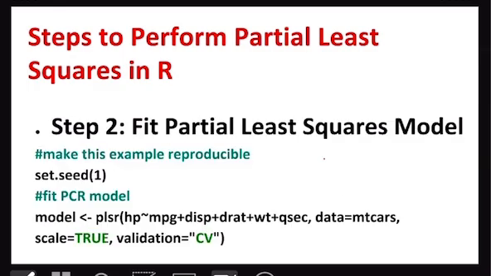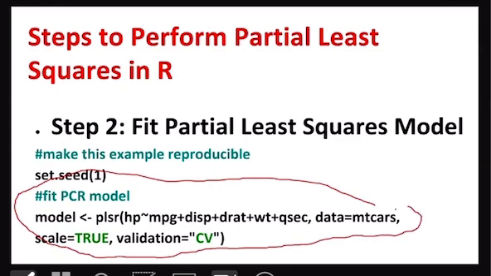After loading, I need you to pay attention to this. What is this? Do you see that? The other time, it was PCR. What do you see now? PLSR, partial least square regression.